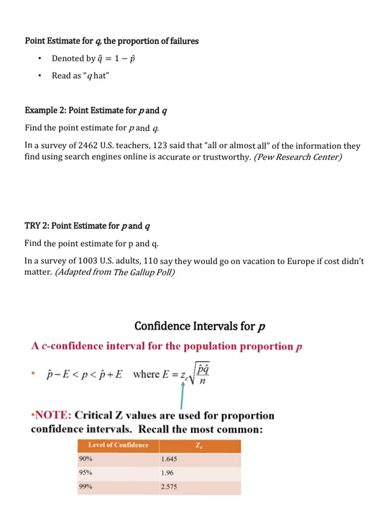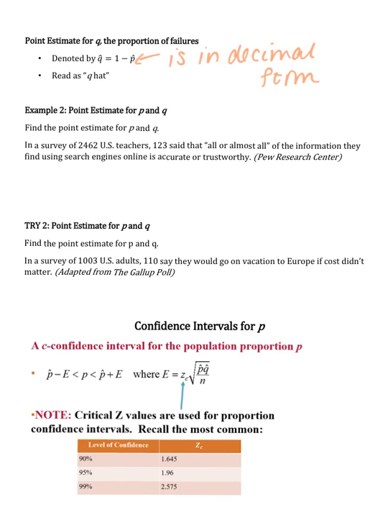But if you're going to do 1 minus P hat, you need to make sure that P hat is in decimal form. Because if you tried to do 1 minus, what was our last one, 66.2, that wouldn't make any sense at all. So make sure that your P hat is in decimal form when you are figuring out your proportion of failures.